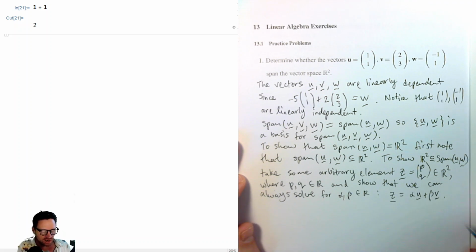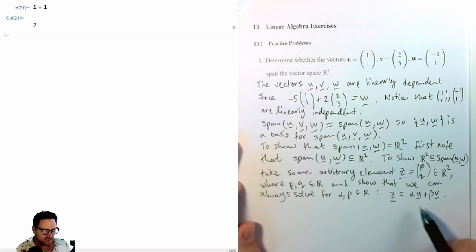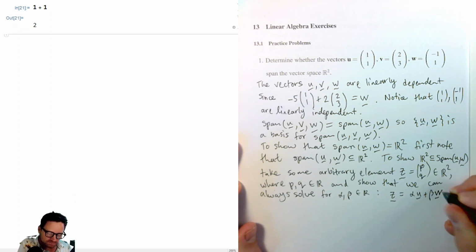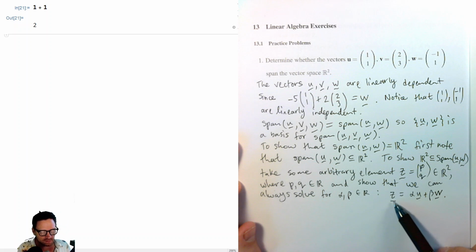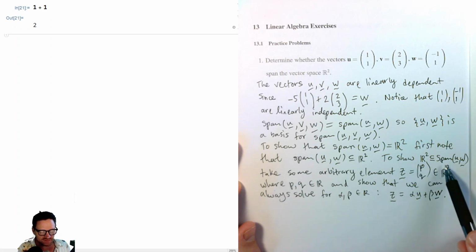And what this would show is that z is a linear combination of u and w if we can always solve for alpha and beta. And if z is a linear combination of u and w, then that arbitrary vector z from R2 is an element of span of u and w.